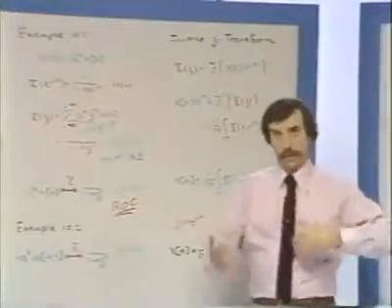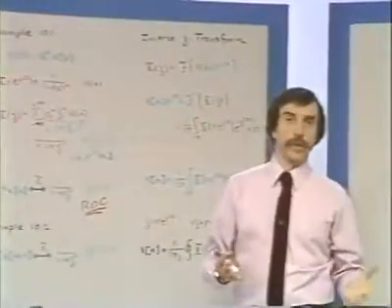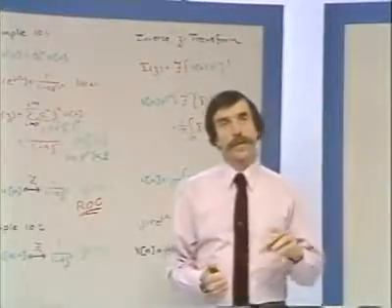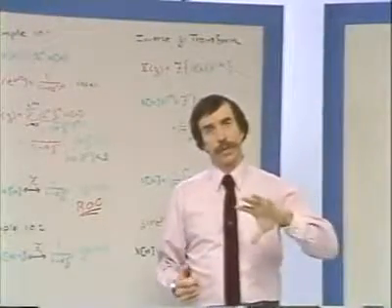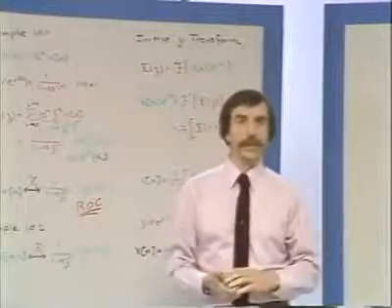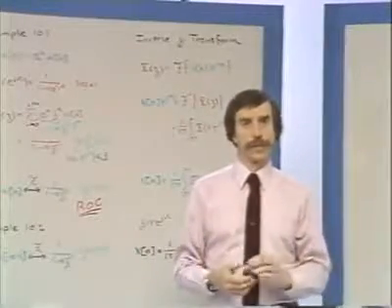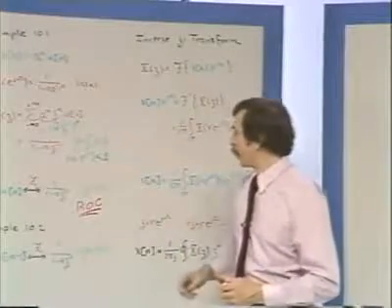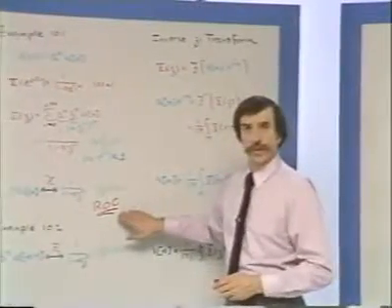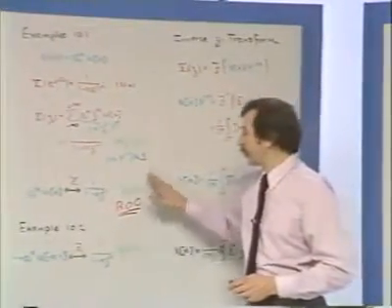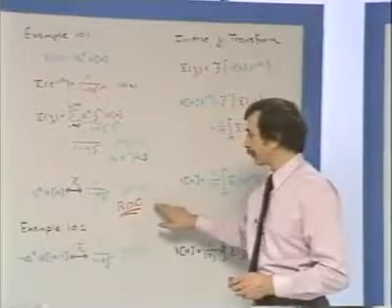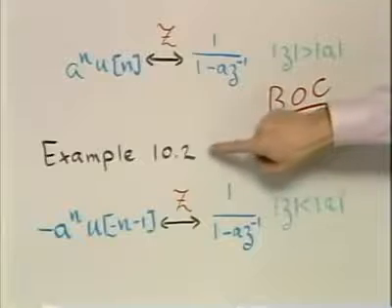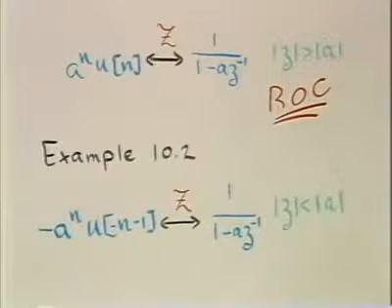Now, again, as we saw with the Laplace transform, it's important to recognize that in specifying or having worked out the z transform of a sequence, it's not just the algebraic expression, but also the region of convergence that's required to uniquely specify it. To emphasize that further, here is example 10.2 from the text.